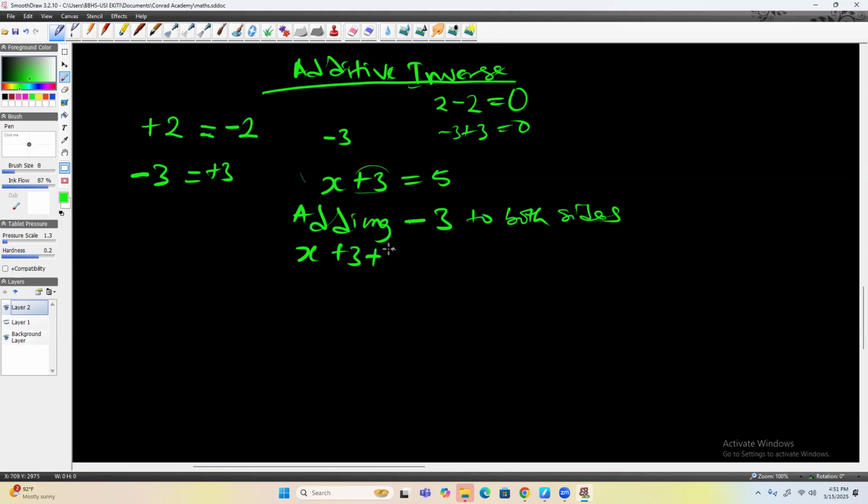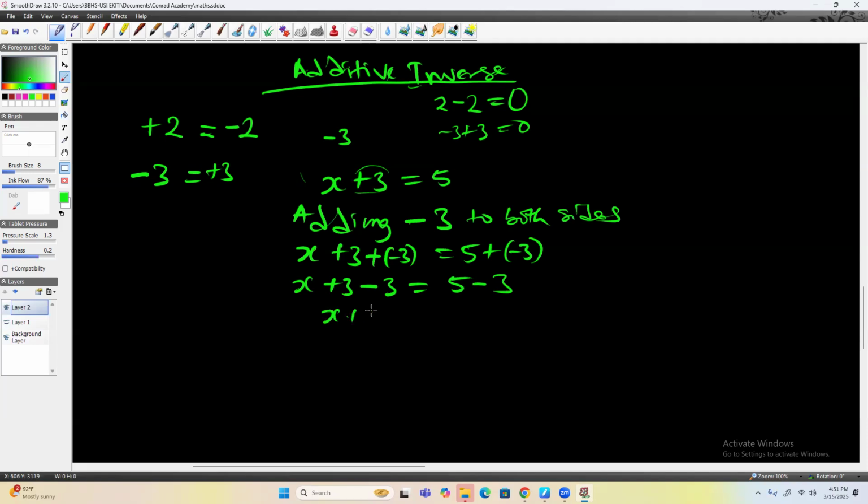You now have, since we are adding, -3 in bracket. You have 5 plus -3. Okay, you always separate them in brackets. So this will be x plus 3 plus -3, and then you have 5 plus -3. So at the end of the day, you have +3 minus 3 is 0.